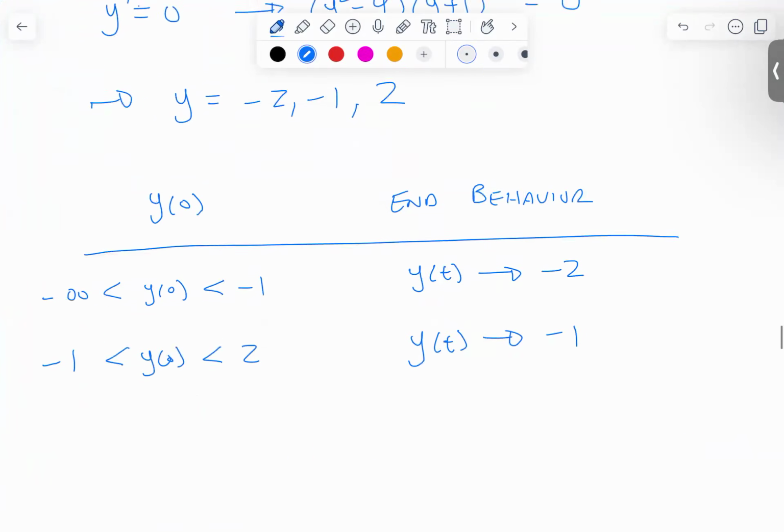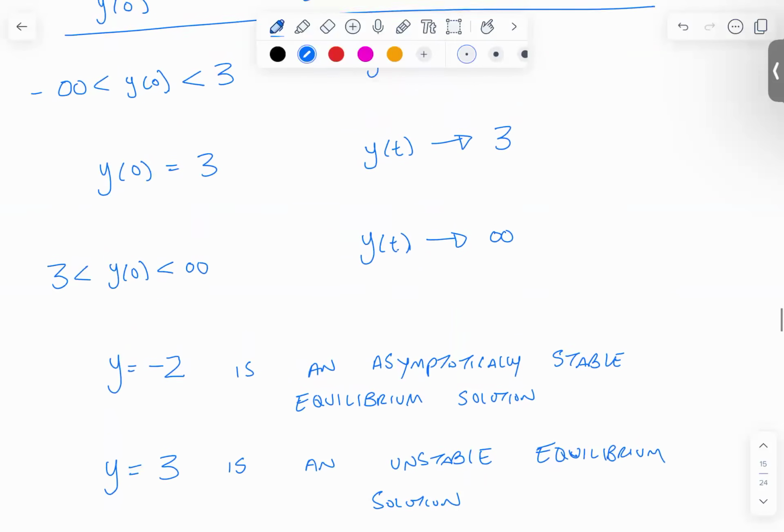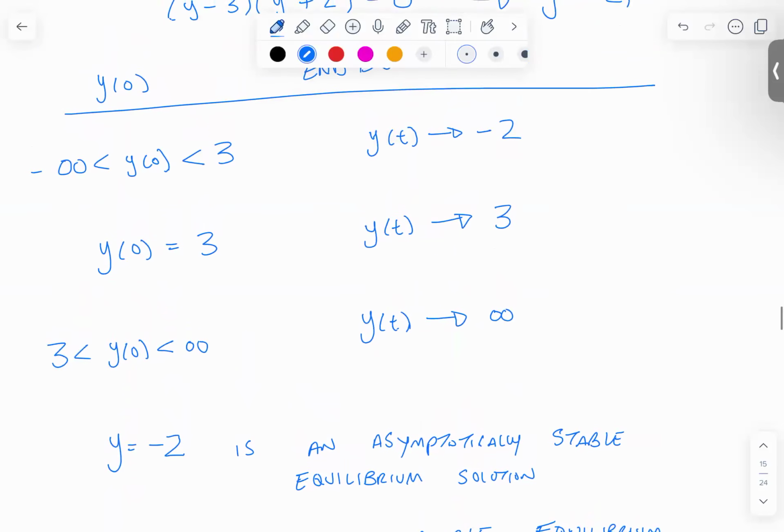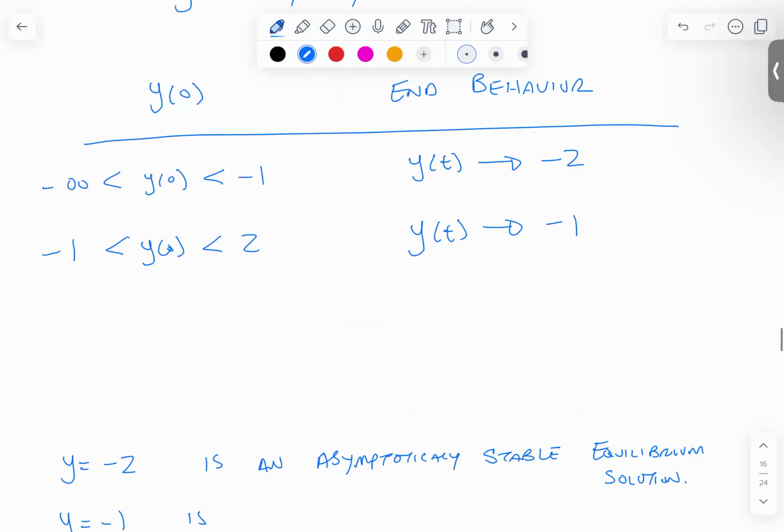The asymptotically stable part. Remember when we just did this one, y0 of 3 heads towards 3? So y0 of -1. Do I add that in, or can I just do one little thing on here, an equal sign under that? So remember, we have to include all the values, because yes, they're quote an asymptote, but they're actually touching that value.